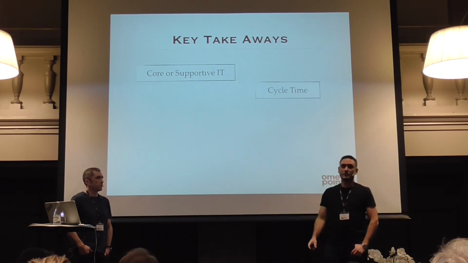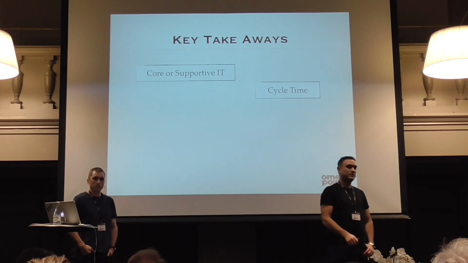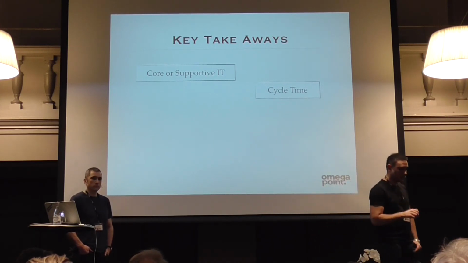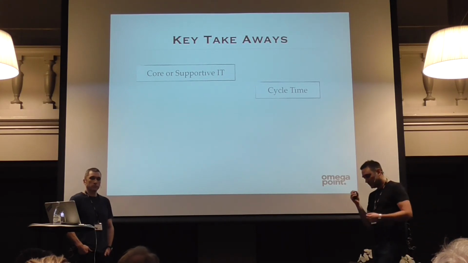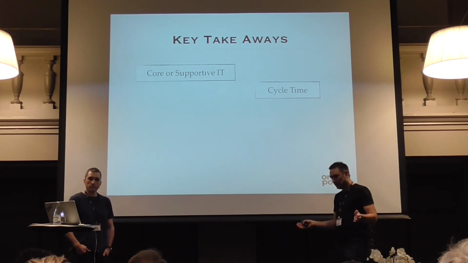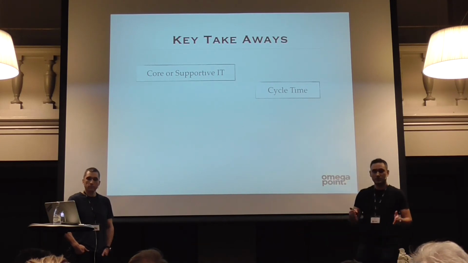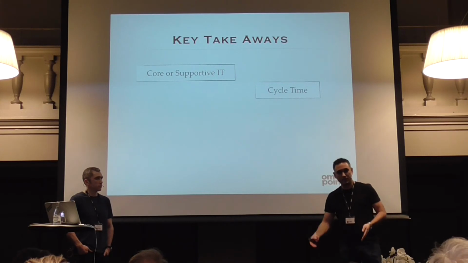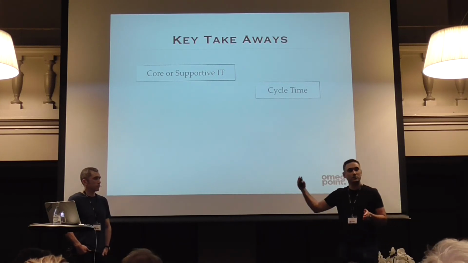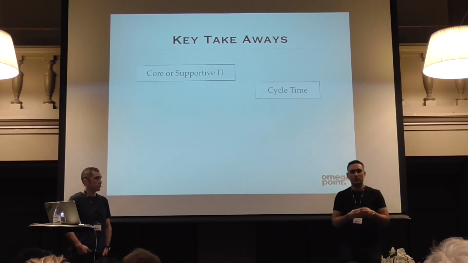Cycle time. That's also a very important measurement that will tell you how well adapted your organization is for continuous delivery. You can measure this, and it can be rough estimates, right? But you can say, okay, is it 1 day? Is it 1 week? 1 month? Half a year? Is it once a year? How long does it take you to get stuff out the door?